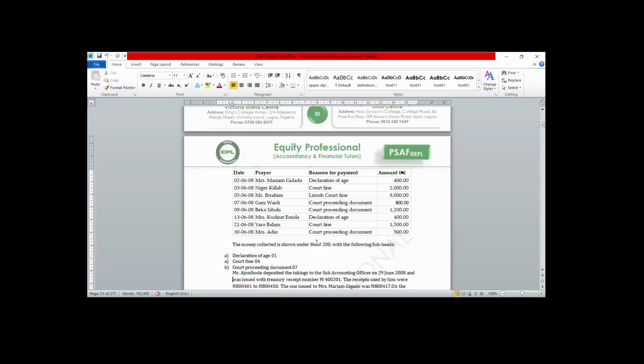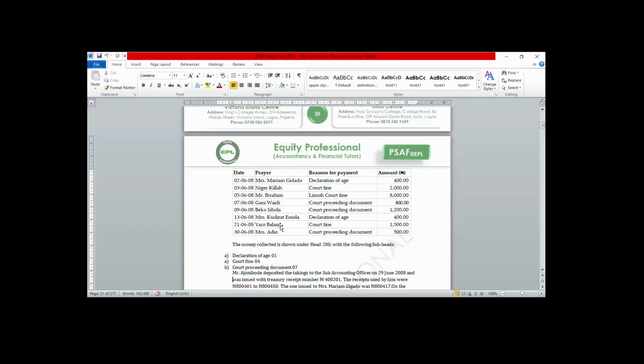On that table, we have the date, we have the payer, we have the reason for payment, and we have the amount those people paid. The money collected is shown under the head 200 with the following subheads: declaration of age 01, court fine 04, court proceeding document 07.